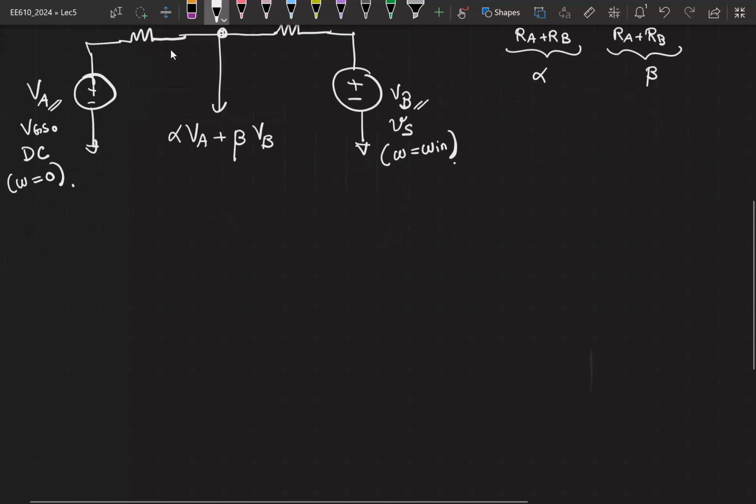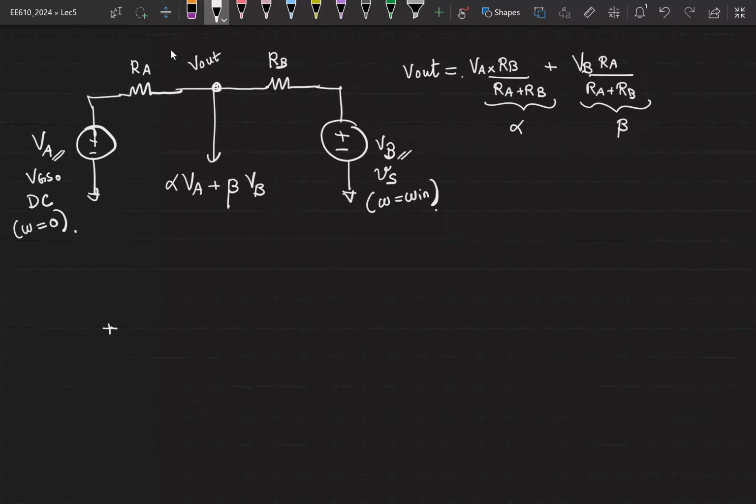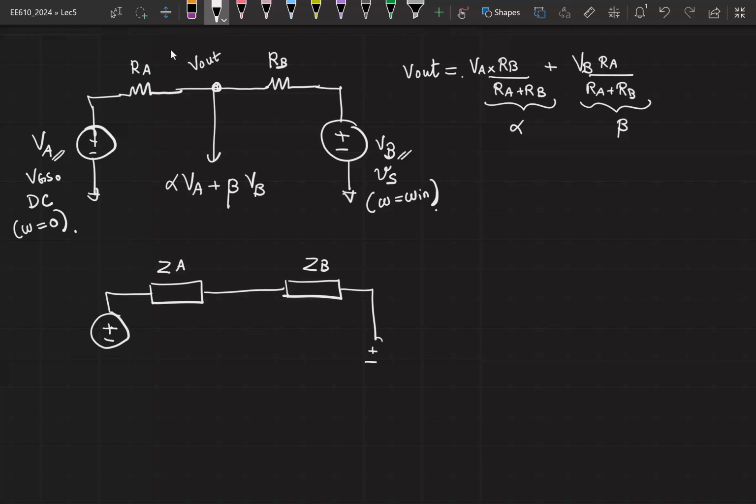So instead of just writing RA and RB, let me denote ZA, ZB, and then I have VA, which is DC, and VB, which is at some omega n.